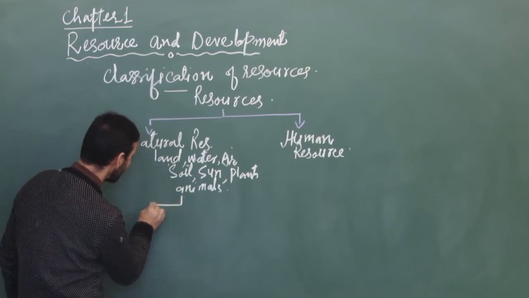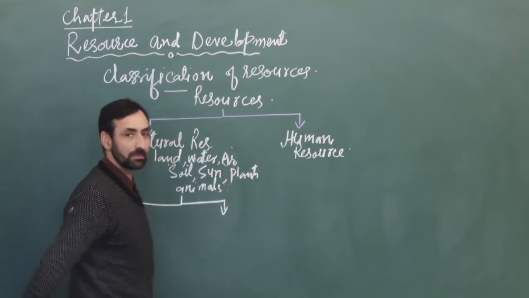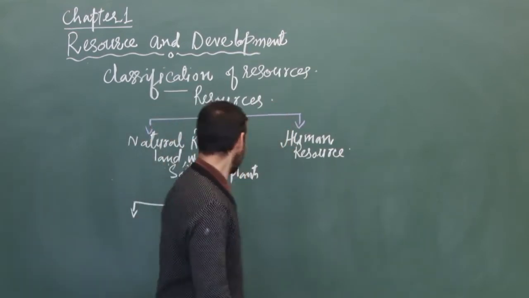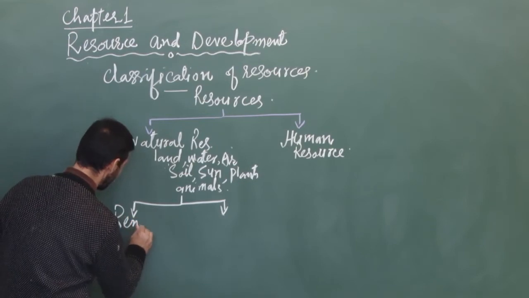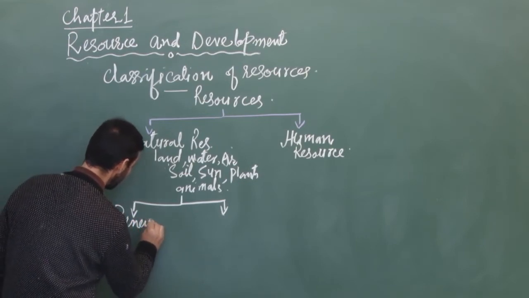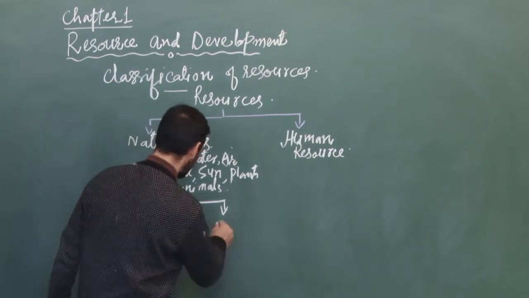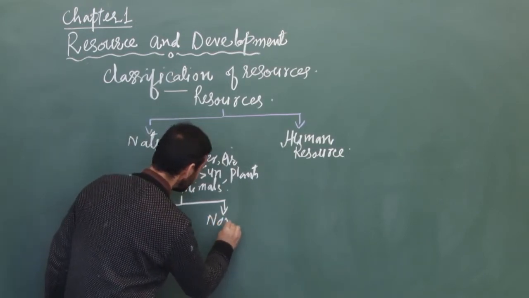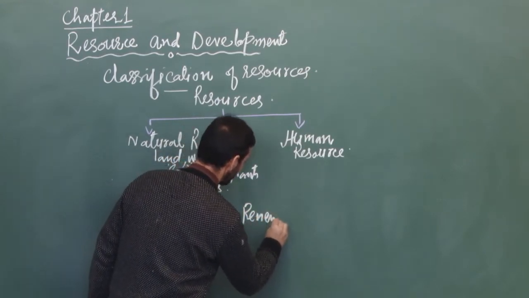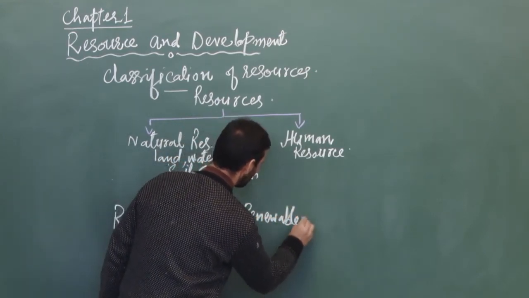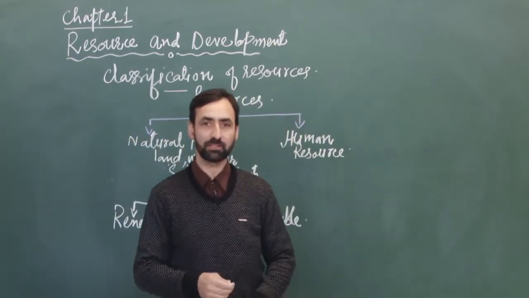Natural resources are further classified into two subtypes. Number one, renewable natural resources. Second is non-renewable natural resources. Both are natural.